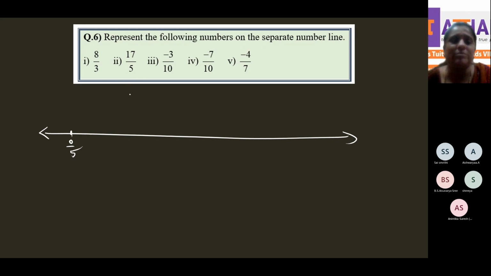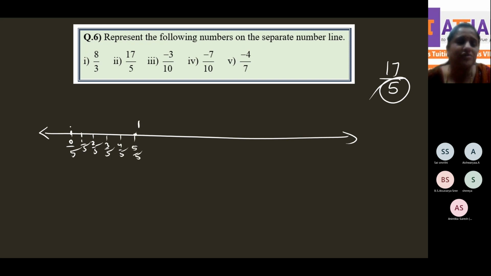Since the denominator in 17 by 5 is 5, we start with 0 by 5, 1 by 5, 2 by 5, 3 by 5, 4 by 5, 5 by 5. 5 by 5 is 1. 0 by 5 is 0. Then continue. 6 by 5, 7 by 5, 8 by 5, 9 by 5, 10 by 5. 10 by 5 is 2.